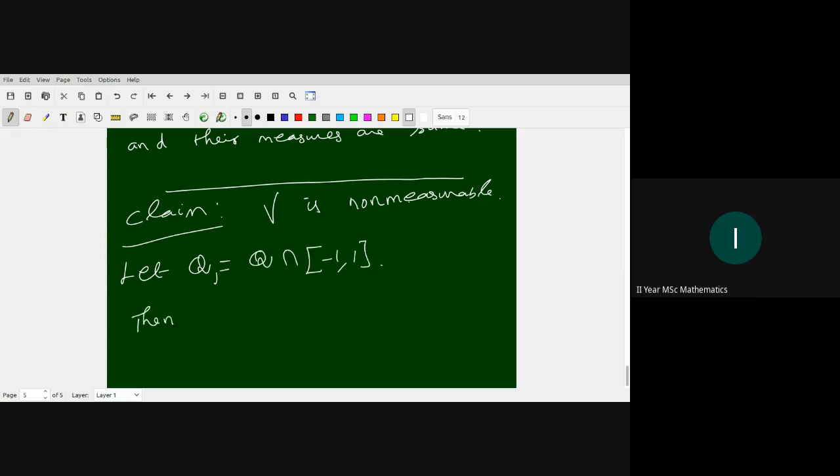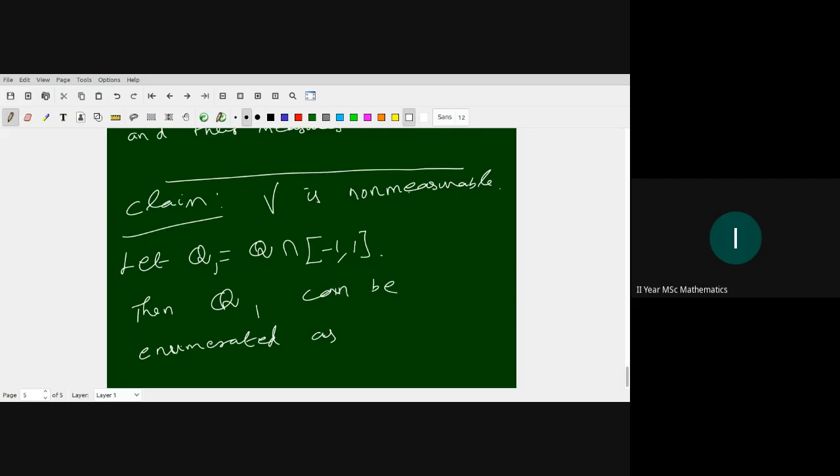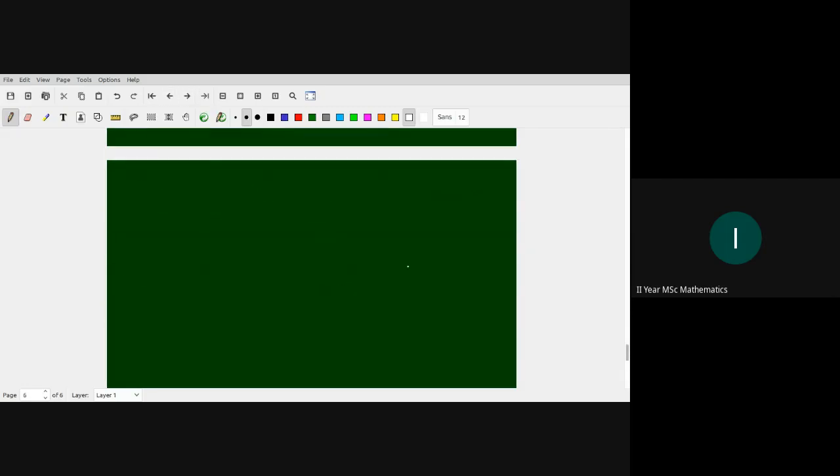Then Q1 can be enumerated. Q1 equals R1, R2, and so on.